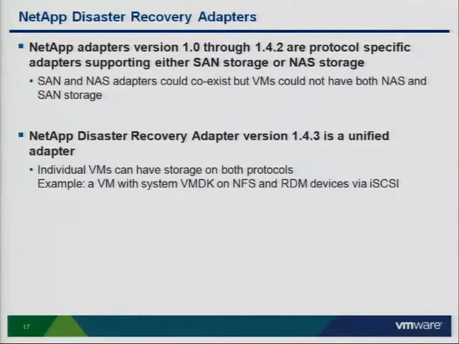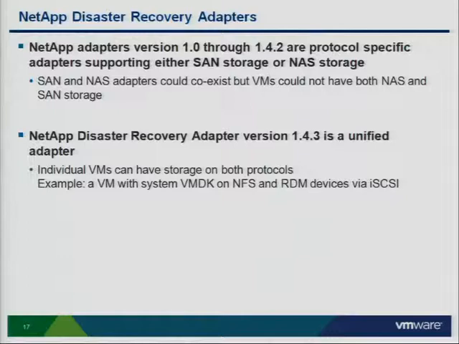And you can put them both in the same environment, have some virtual machines in NAS data stores and different virtual machines in SAN data stores, and that's okay. That wouldn't support a certain use case that some customers wanted, where you would have a virtual machine with its system drive or its C drive in an NFS data store, but that virtual machine also had iSCSI RDMs connected to it for some applications you were running.